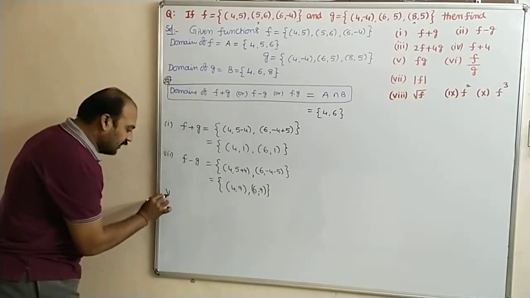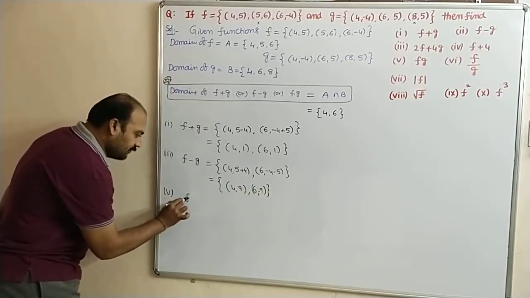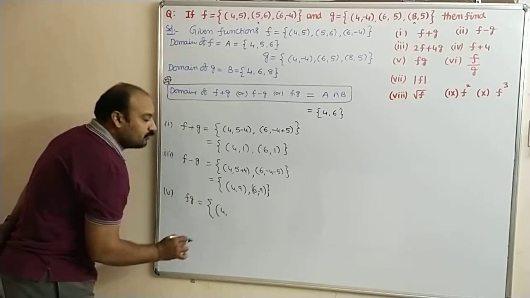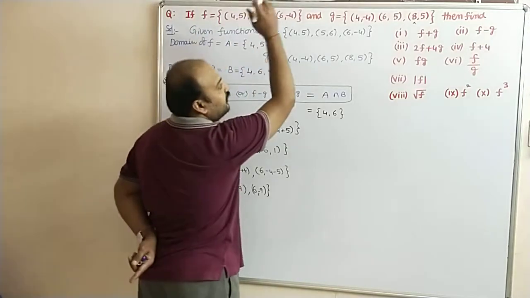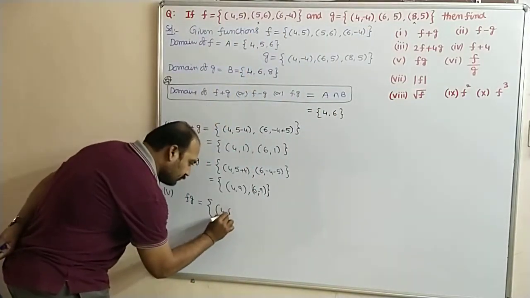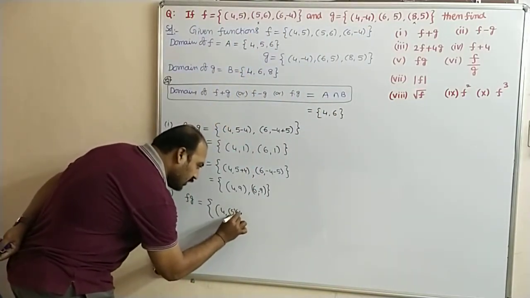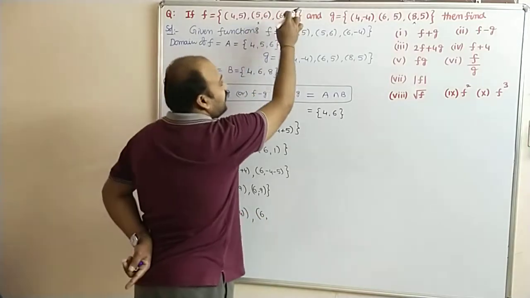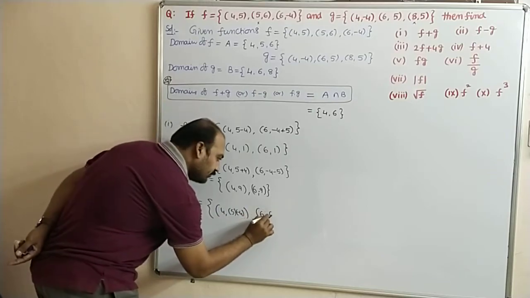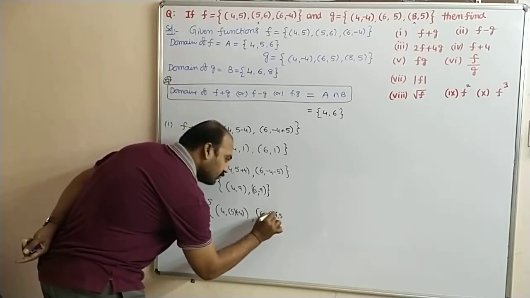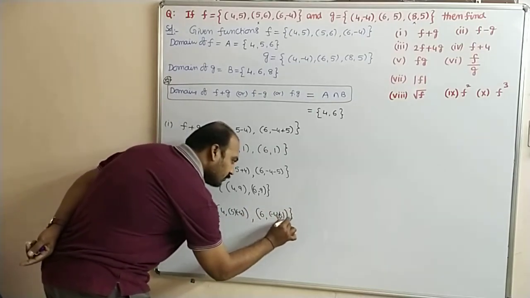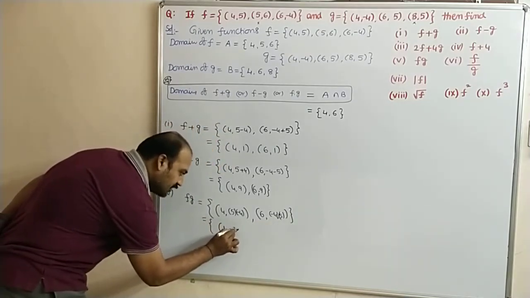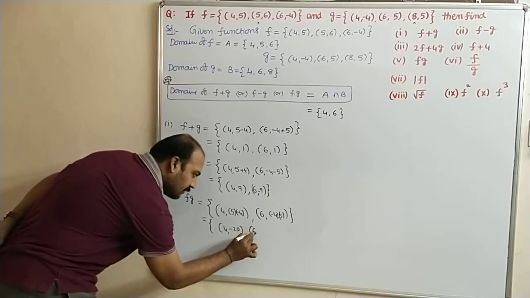Next, the fifth one, f into g. Common element 4, 4 comma 5 into minus 4, 6 comma minus 4 into 5, so 4 comma minus 20, 6 comma minus 20.